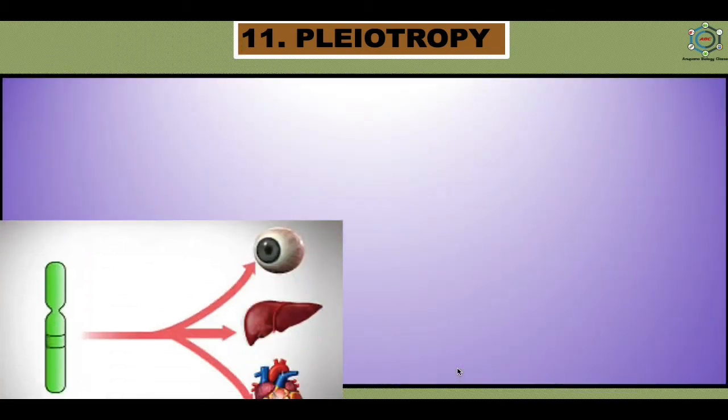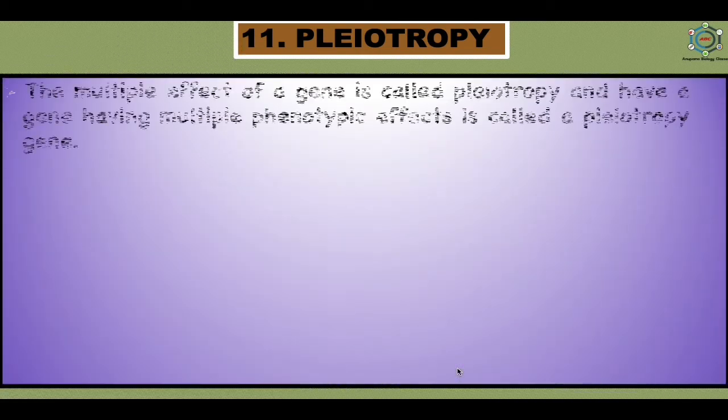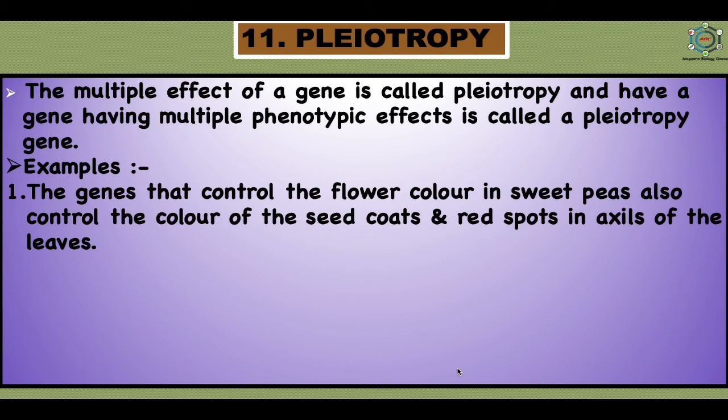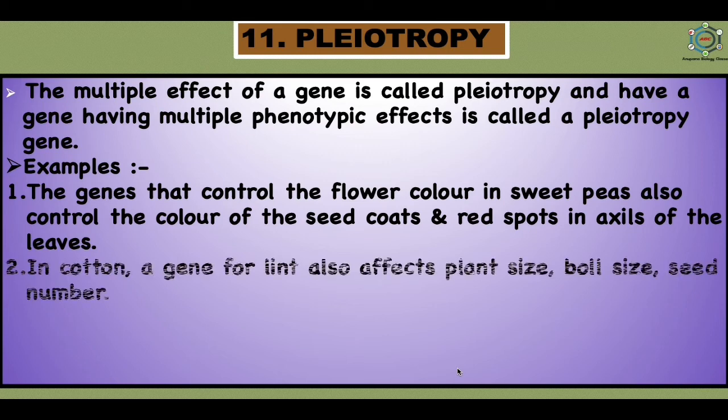Now the pleiotropy. In pleiotropy, the multiple effects of a gene are called pleiotropy, and a gene having multiple phenotypic traits or effects is called a pleiotropic gene. For example, the genes that control the flower color in sweet peas also control the color of the seed coat and red spots in the axils of the leaves.